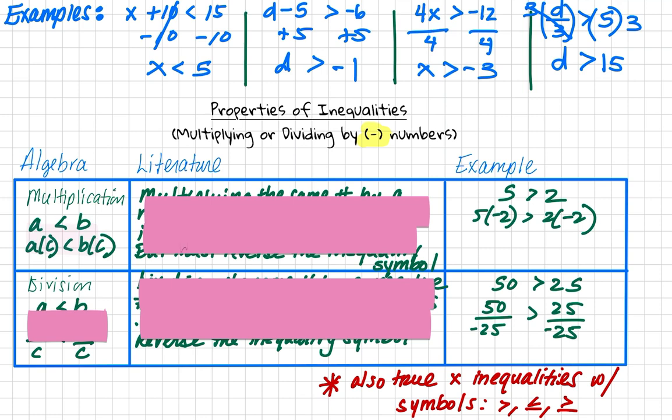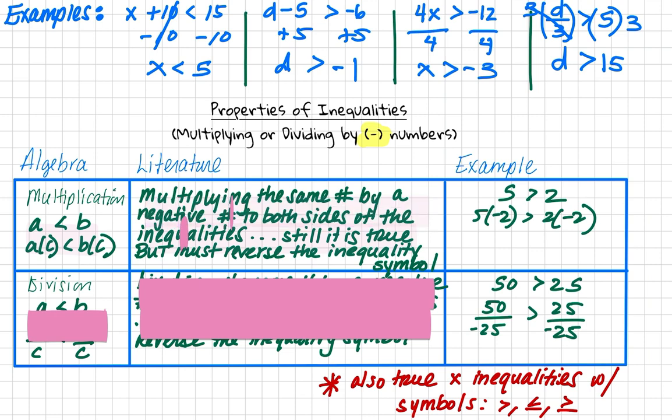Now, for multiplication, the literature states that multiplying the same negative number to both sides of the inequality still is true, but we must reverse the inequality symbol. So I'm going to highlight that. There's a but.